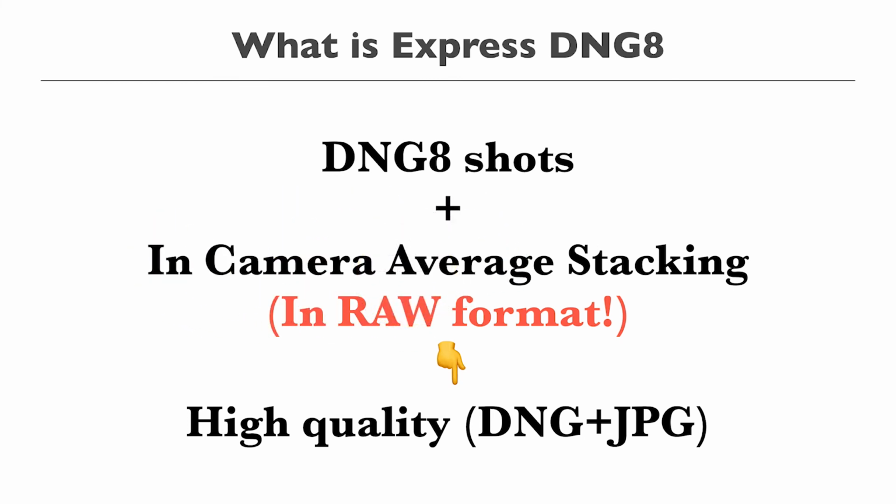And the result you will have is a DNG plus a JPEG, and the JPEG is converted from the high-quality DNG in the camera. So Express DNG8 is a step further on a normal DNG8 shot.